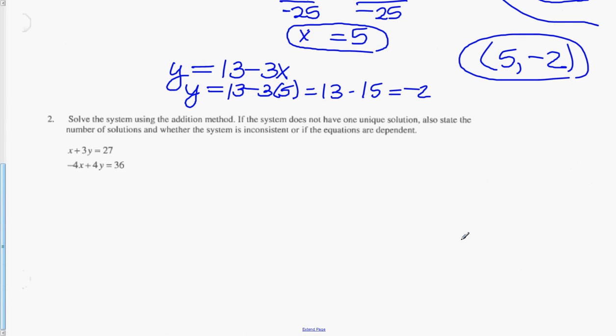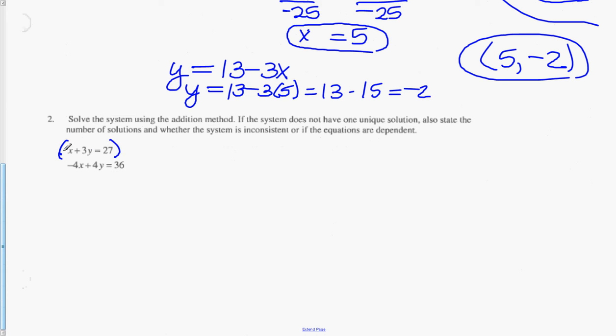Now, the second equation on this page, definitely one that I would use elimination on because they're already set up with your x's and your y's stacked on top of each other. My only problem with it is that I have an x on top, a minus 4x on the bottom, a 3y, and a 4y. So do you agree with me that if this x were a 4x on top, then those x's would cancel?